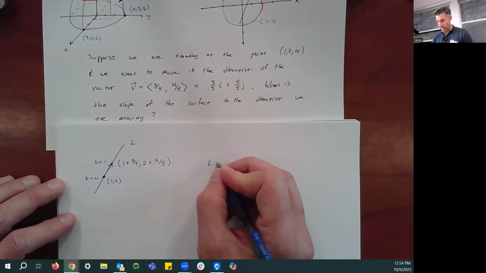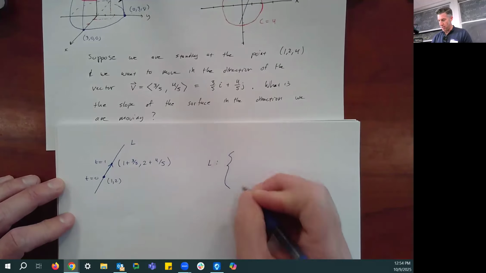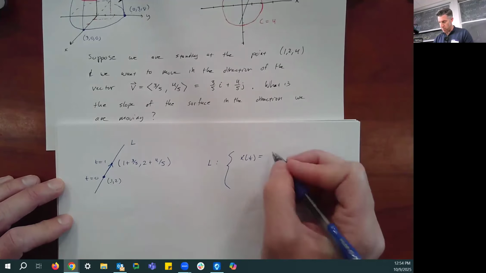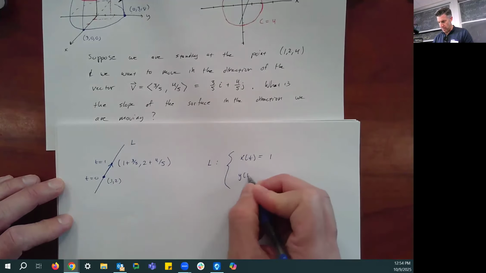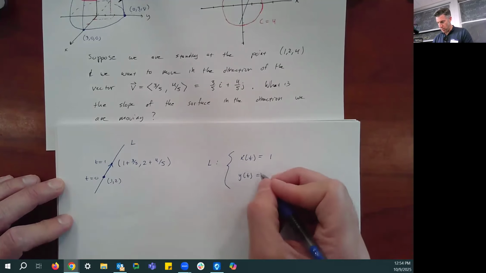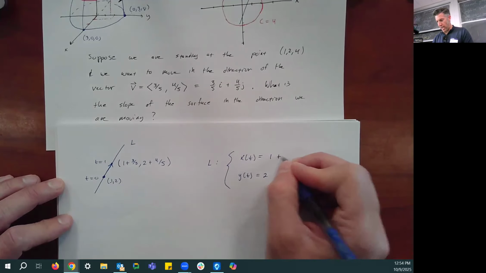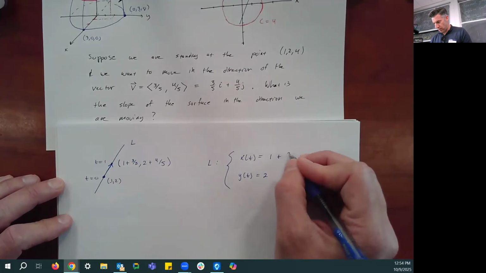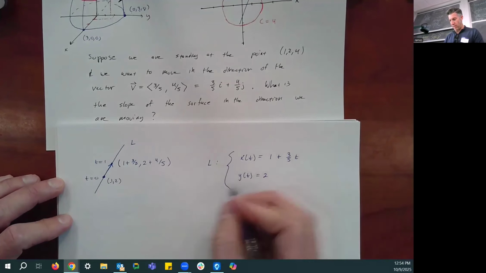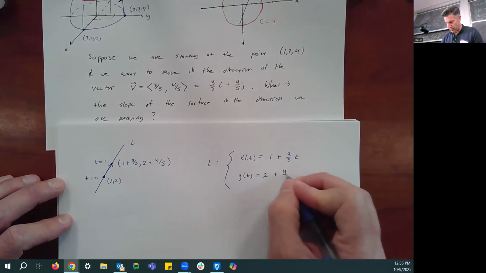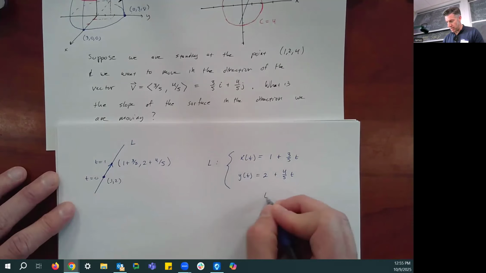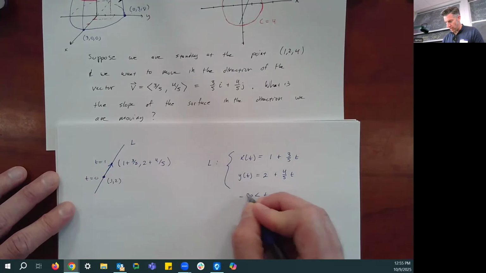Our line L is going to be given by x of t, the x coordinate starting at 1, y of t, the y coordinate starting at 2, and then in the x direction, we're adding 3/5 every time t increases by 1. So we're doing 3/5 times t in the x direction, 4/5 times t in the y direction. And that should give us every point on the line.